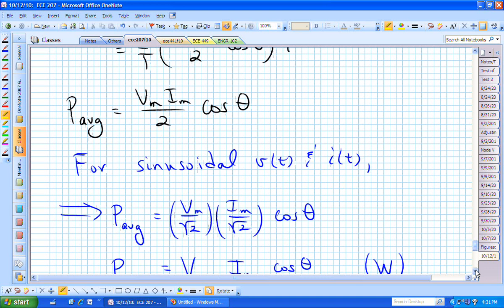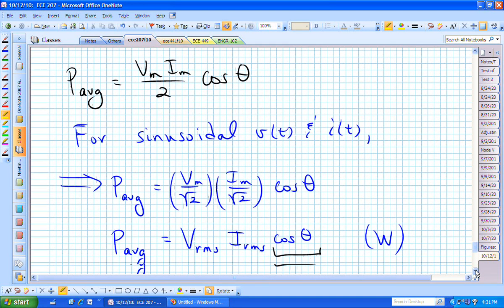All I'm doing is saying, we can actually simplify this expression if we simply keep track of RMS magnitudes of voltages and currents. If we do, then the average power will just be voltage times current times the power factor, where the voltage is the RMS voltage magnitude and the current is the RMS current magnitude.